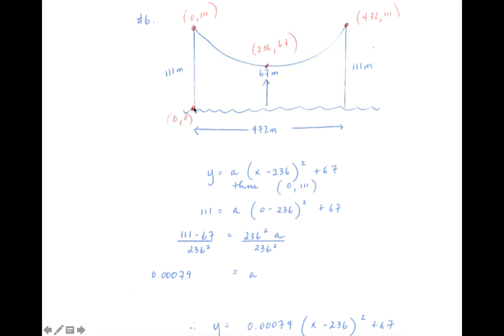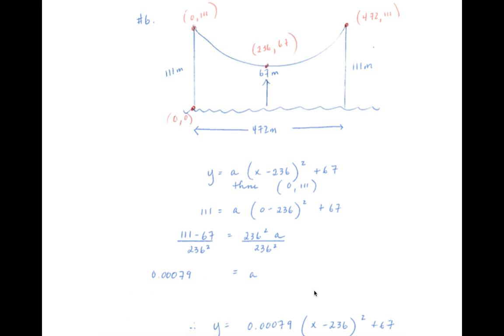I decided to put it over here in the corner. And then I label my points, making sure that I know what they are relative to where that 0 is. So then I use my vertex and create an equation. Going through this one, I have to plug things in, and I will get that a is 0.00079.